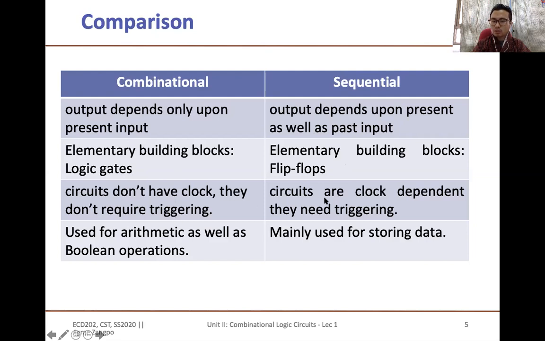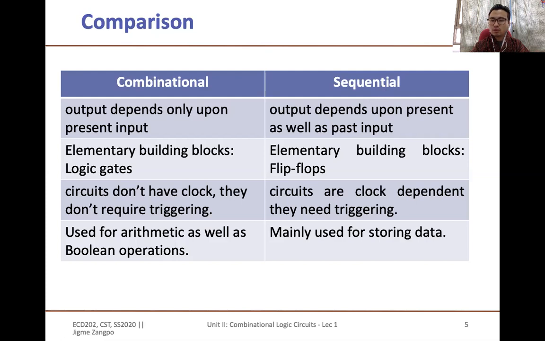Sequential circuits are clock dependent and they need triggering. Combinational circuits are used for arithmetic as well as Boolean operation. In case of sequential, it is mainly used for storing data. Now you can add your comparisons by looking at the above slide where I have mentioned many characteristics for both types of logic circuit.